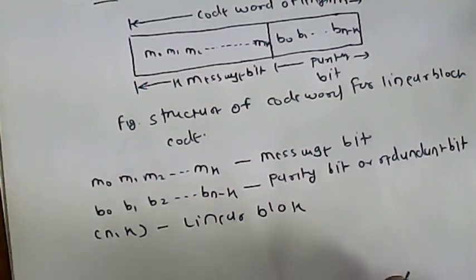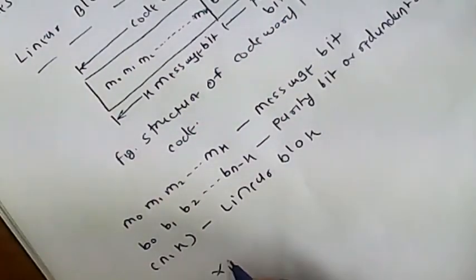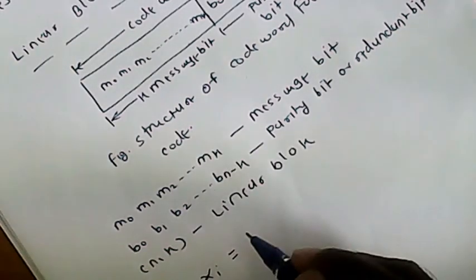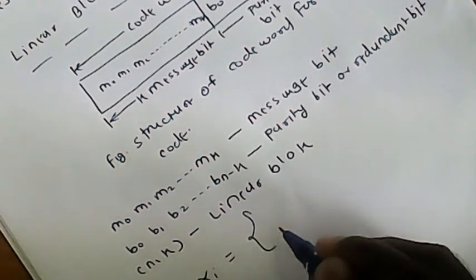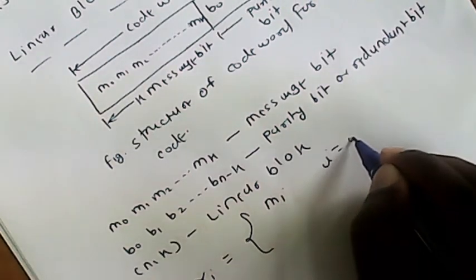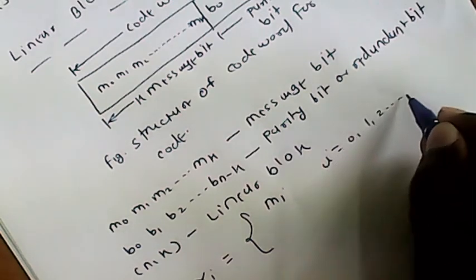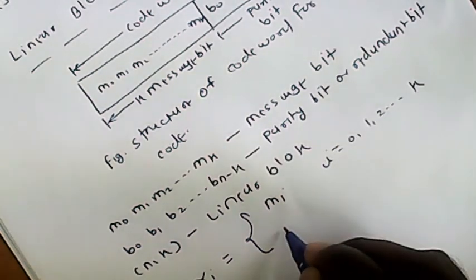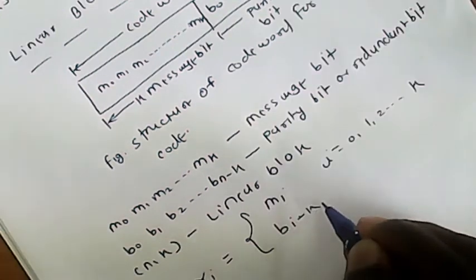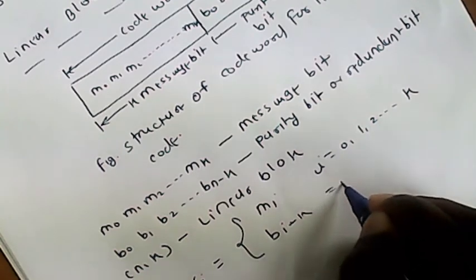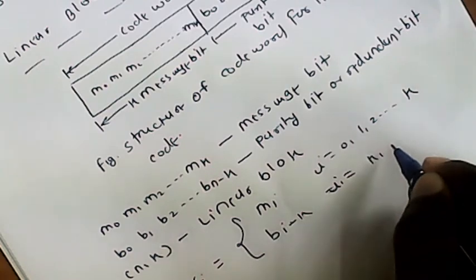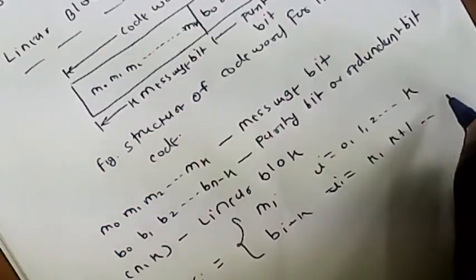So xi are the bits related to this code word. xi is nothing but the combination of message bits, for i equal to 0, 1, 2 up to k minus 1, and parity bits b i minus k, for i equal to k, k plus 1 up to n minus 1.